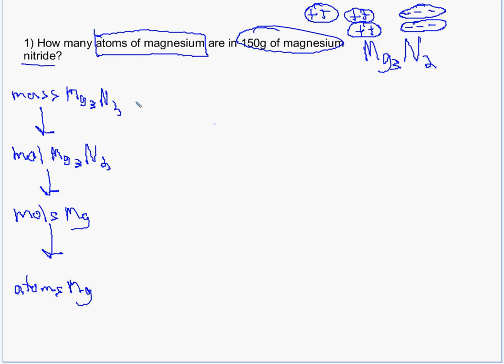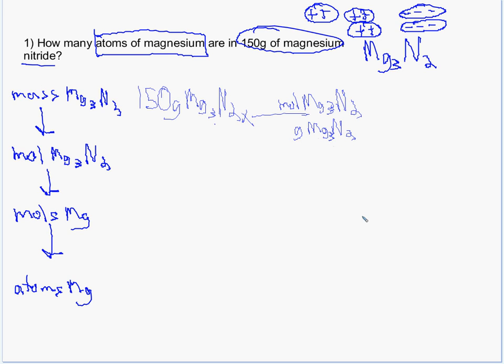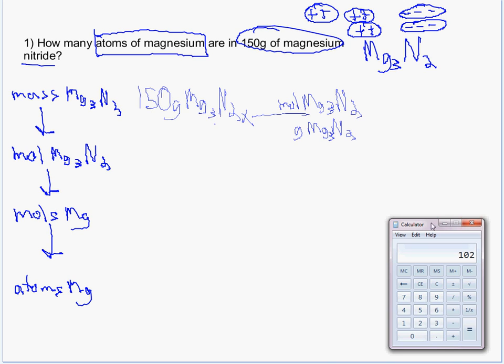Okay, so I'm going to start with my 150 grams of Mg3N2. First thing I'm going to do is convert to moles of Mg3N2. So I put moles of Mg3N2 on top, and I put grams of Mg3N2 on the bottom. And now I need to find the molar mass.